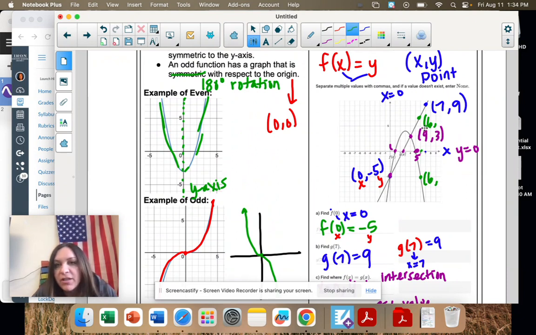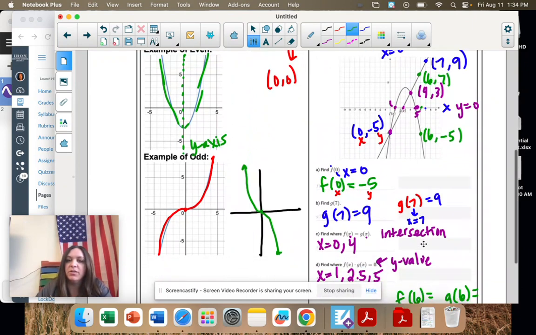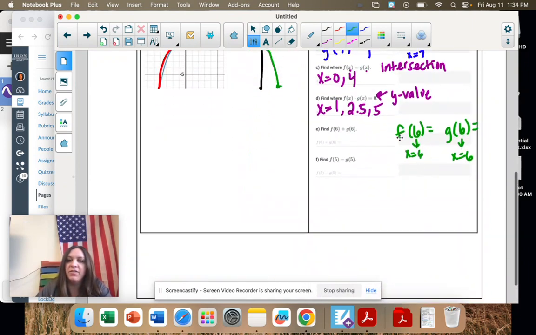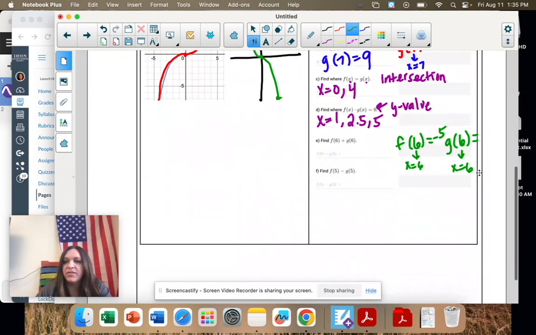So what are the y values there? That's 7, and that is -5. So on F, that's the parabola, we have -5. And on G, we have 7. But look, we want to add those values. We're going -5 plus 7, which is 2.